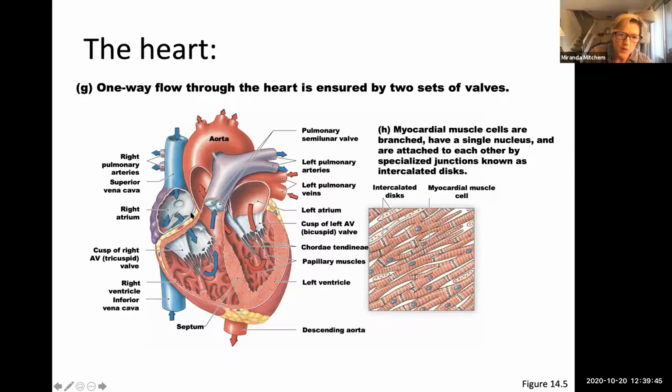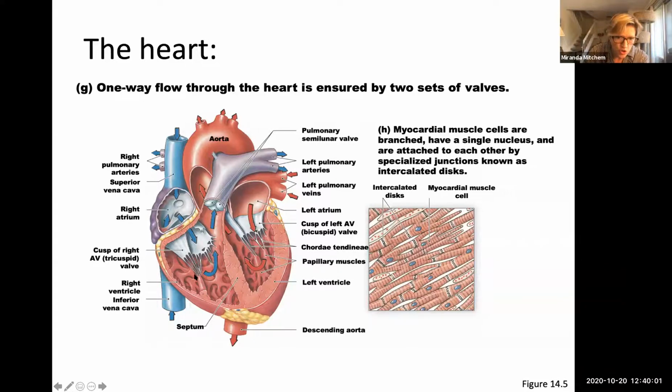So all this white stuff here is actually part of the valve, but it is attached to muscles. See this little red thing I'm trying to highlight here? That's called a papillary muscle. Here's the wording, papillary muscle.